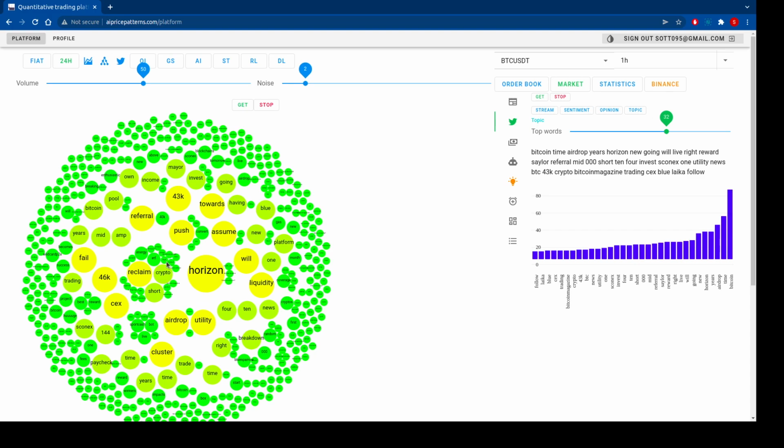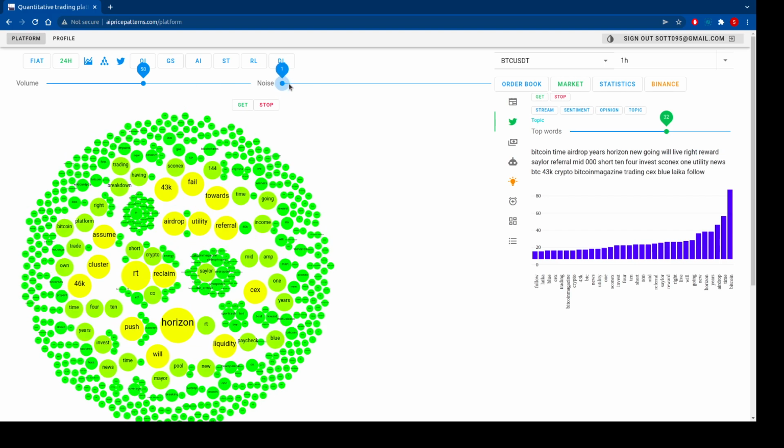Okay, sometimes I'm trying to look for some new project from this bubble, and what hot topic discusses some project, and try to change some settings like noise.